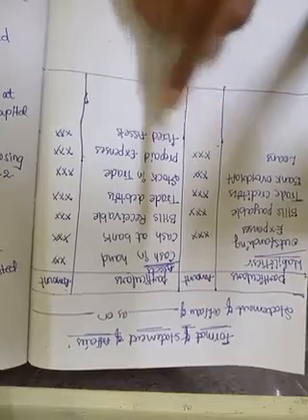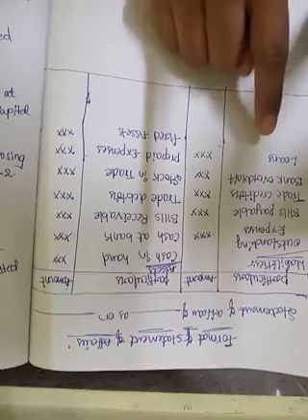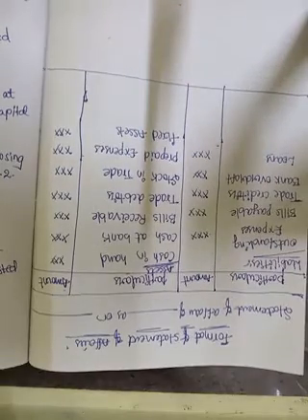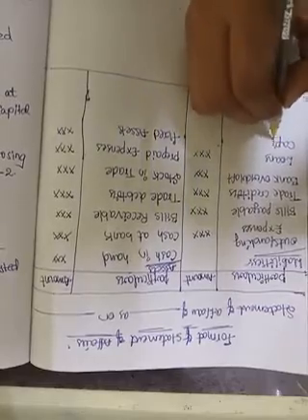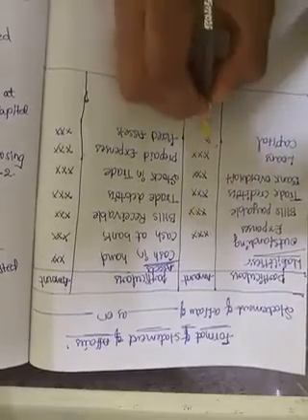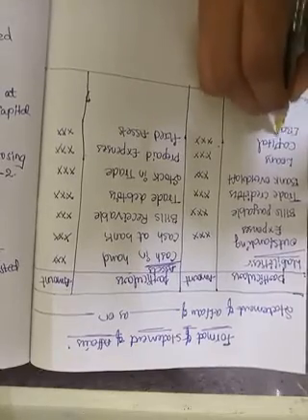Got it? First add all these asset values, next add all these liabilities. Then from these assets we deduct the liabilities value, and we will get the capital. The capital amount is the balancing figure.